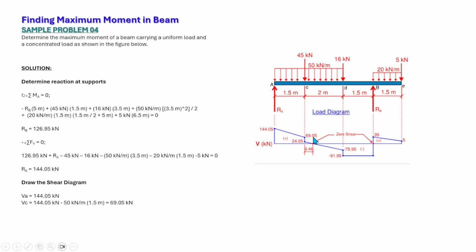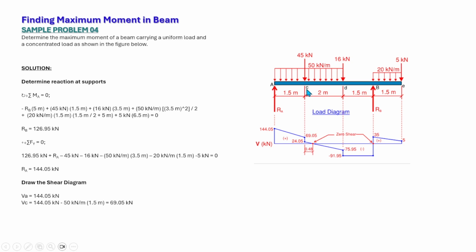This is the shear just to the left of point C. Now, at this point, we have a concentrated load of 45 kilonewtons. So 69.05 minus 45, that would give us 24.05. So it dropped down because we have a downward load of 45 kilonewtons. So from this point, 24.05, this is the shear just to the right of point C.